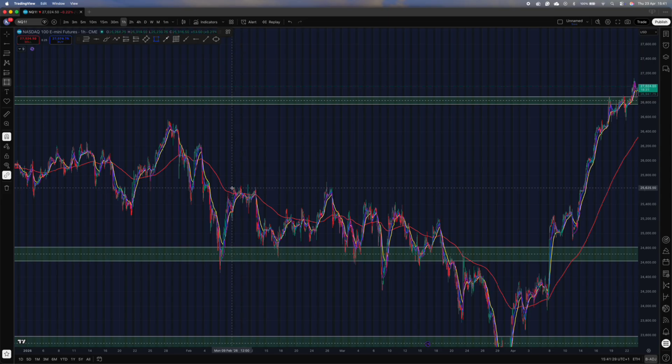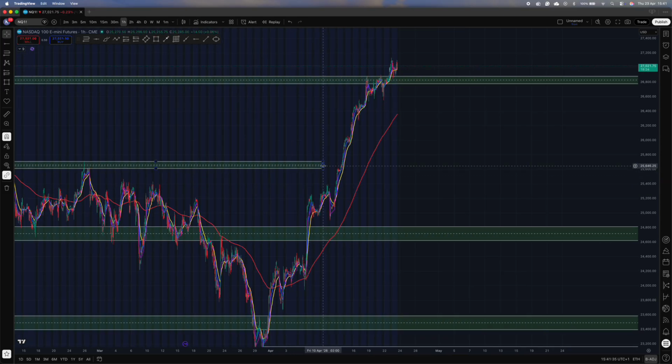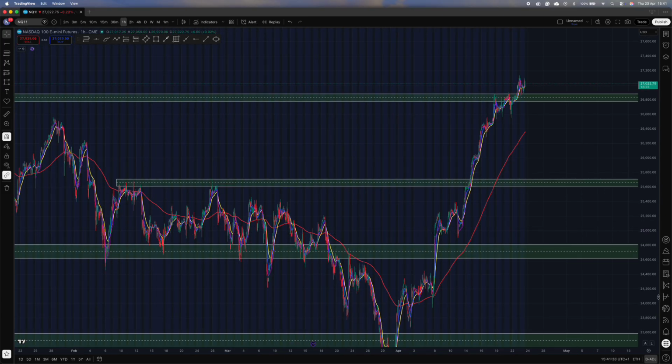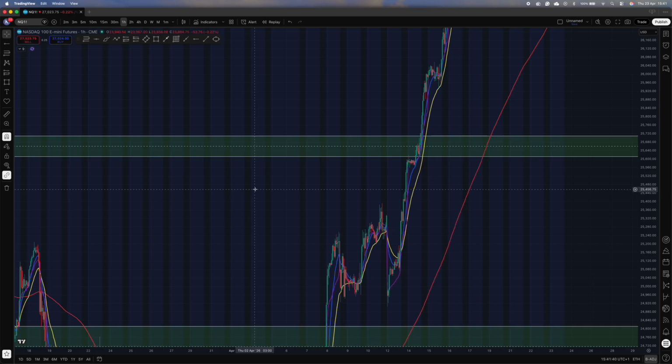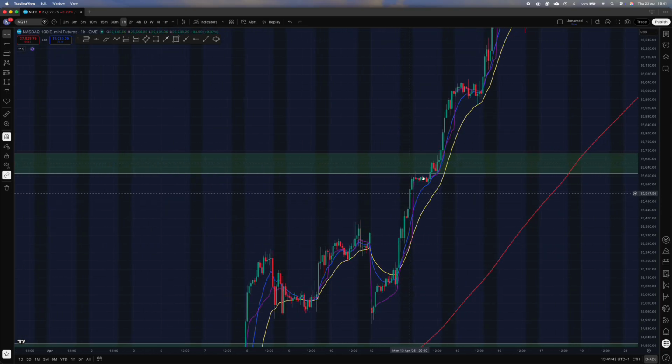So we can see here on this level, right here on the hourly, if we push this across and we zoom in, we look at how price action respected this area, came up very short-lived.